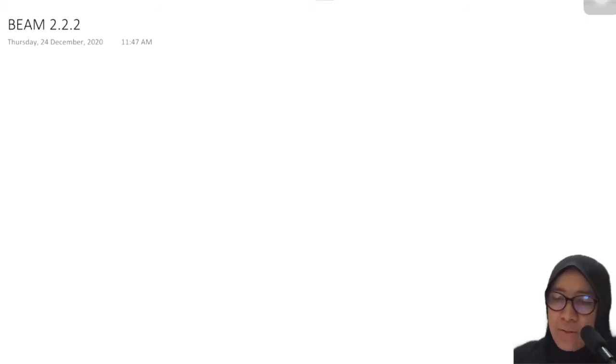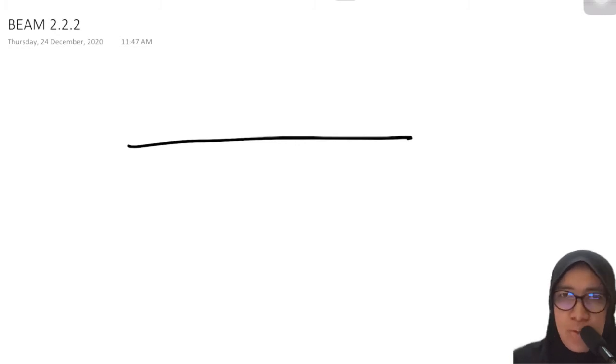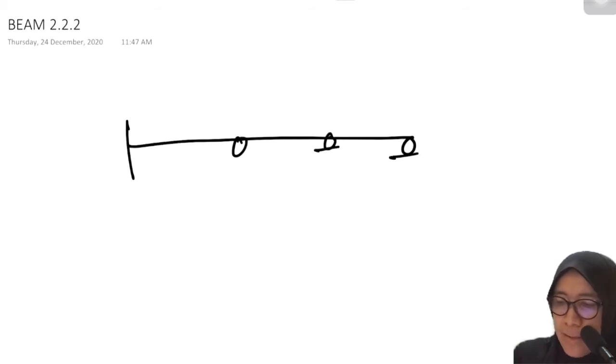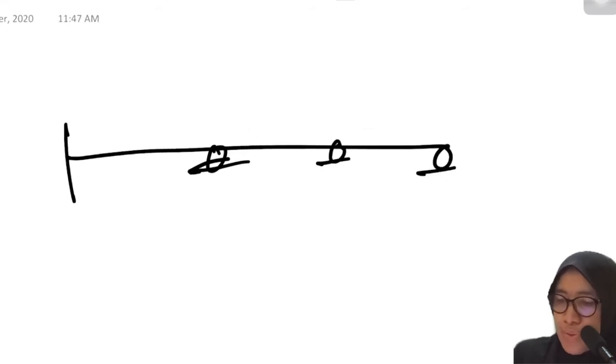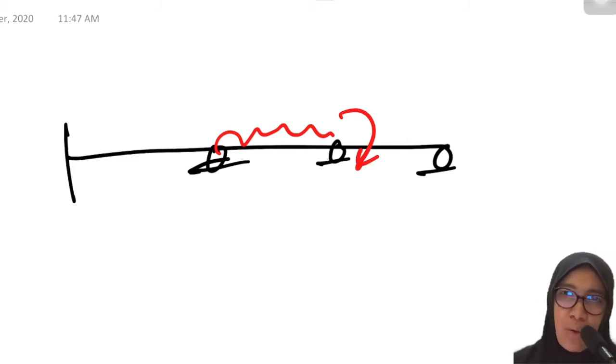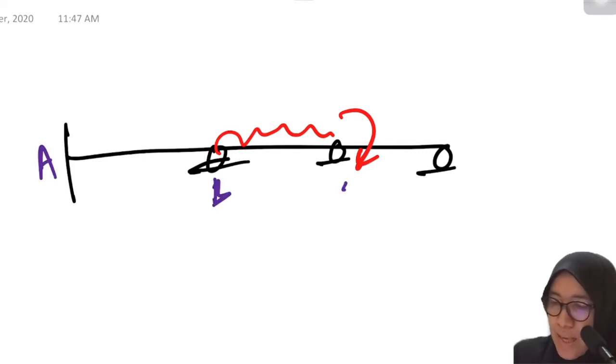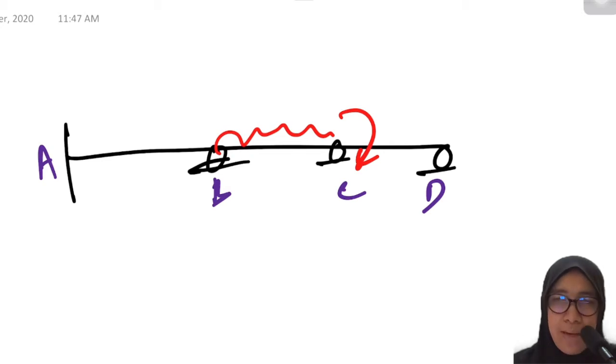Okay, so basically, let's say we are going to analyze a continuous beam like this. There are three beam elements, with UDL and moment. Support A is fixed, and supports B, C and D are rollers.